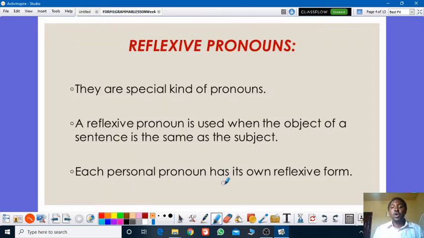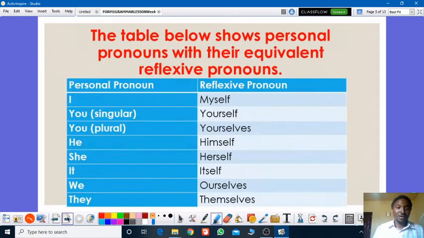Each personal pronoun has its own reflexive form. We are going to learn that right now. The table below shows personal pronouns with their equivalent reflexive pronouns.